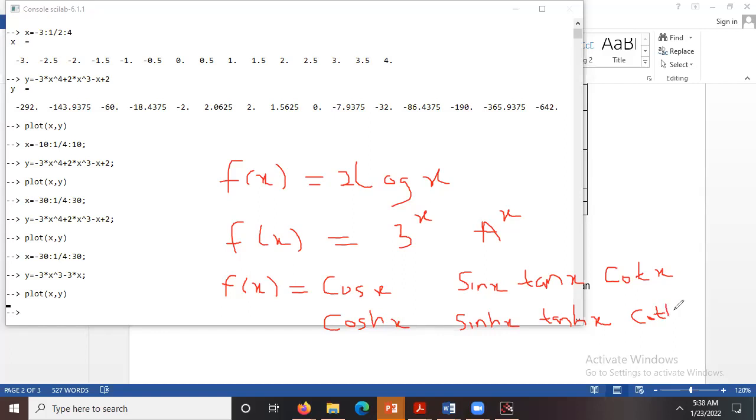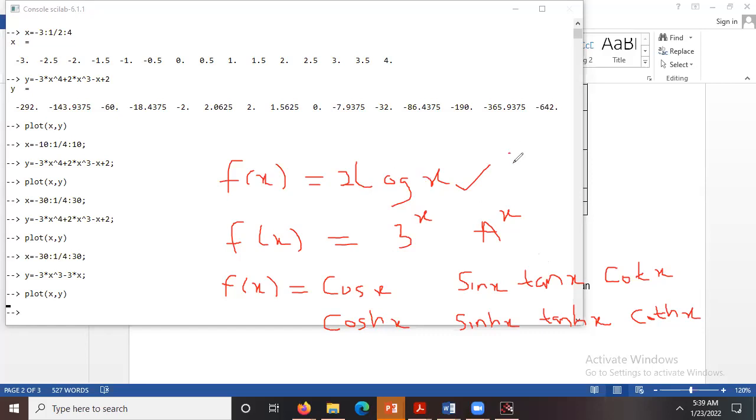So what we want to do now is to just demonstrate how to plot them so that at home you can continue with the plots and examine how all these functions go. So let's try the first one, which will be the logarithm function.